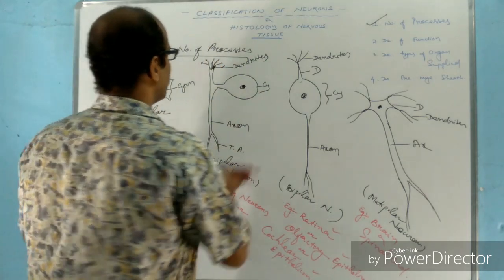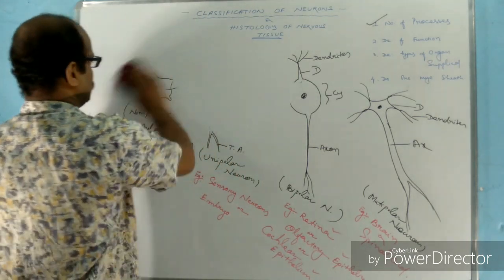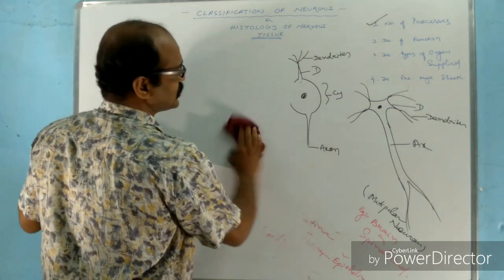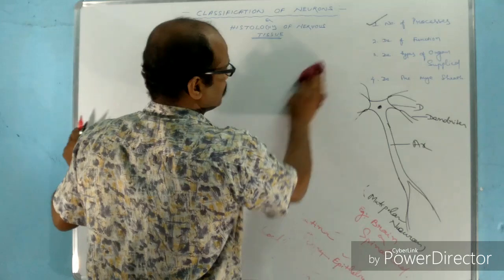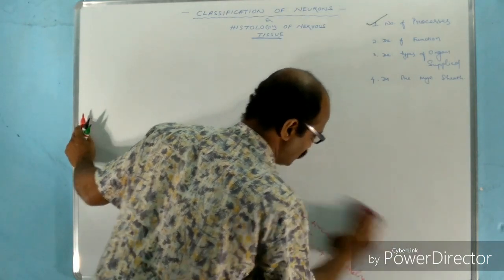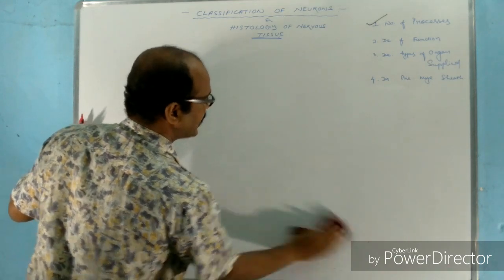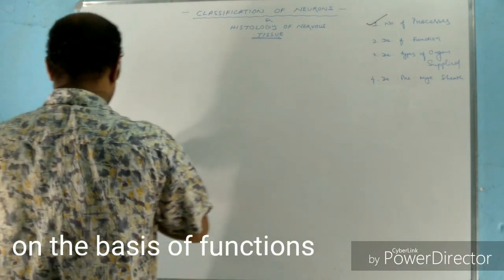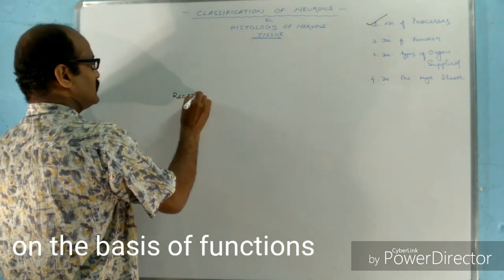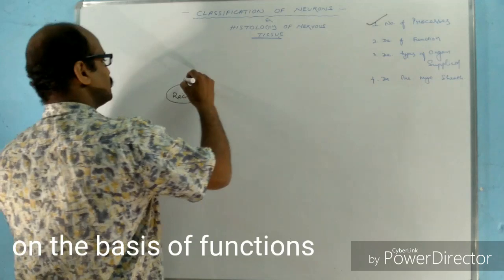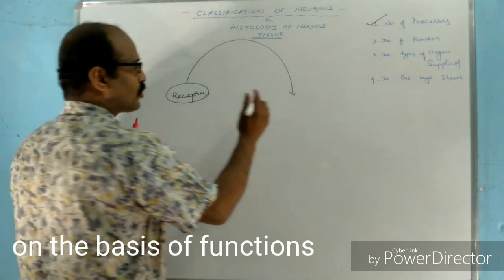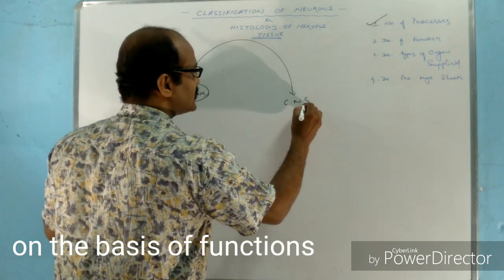Now come to the second type of classification, another classification based on the function. Some neurons convey the nerve impulse from the receptor organ to the central nervous system.